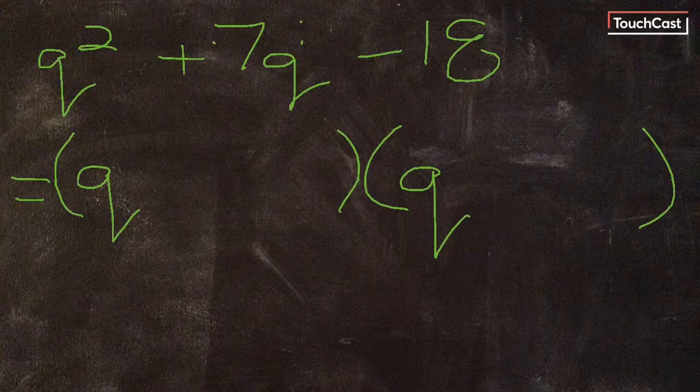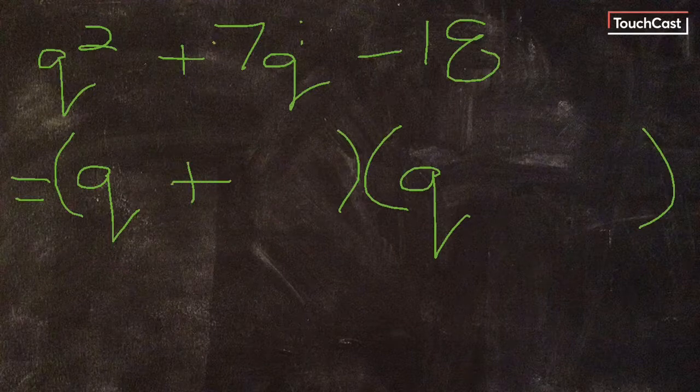And I have a negative sign on the 18, so I know, remember, that a positive times a negative will give you a negative, a positive plus a positive will give you a positive, and a negative plus a negative will give you a negative. So in this case, I need to have one positive term and one negative term to give me negative 18.